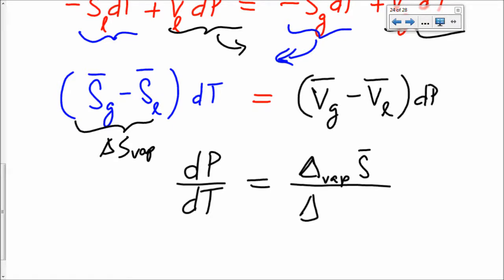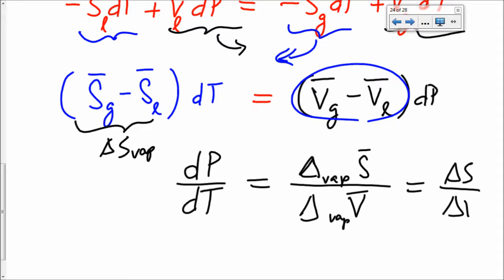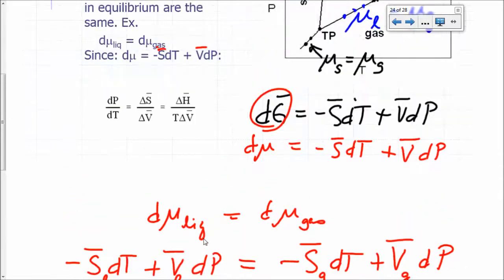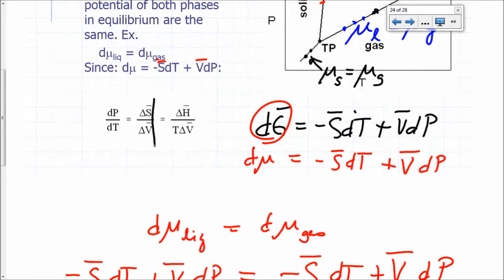And this right here is delta V, the change in volume as a result of the vaporization. Now these are quantities per mole, but you can just use delta S over delta V here because the moles will just cancel out. So this equation, dP/dT equals delta S over delta V, is called your Clapeyron equation.